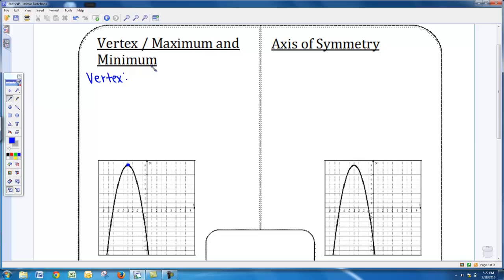So the vertex is going to be the highest or lowest point on a parabola.